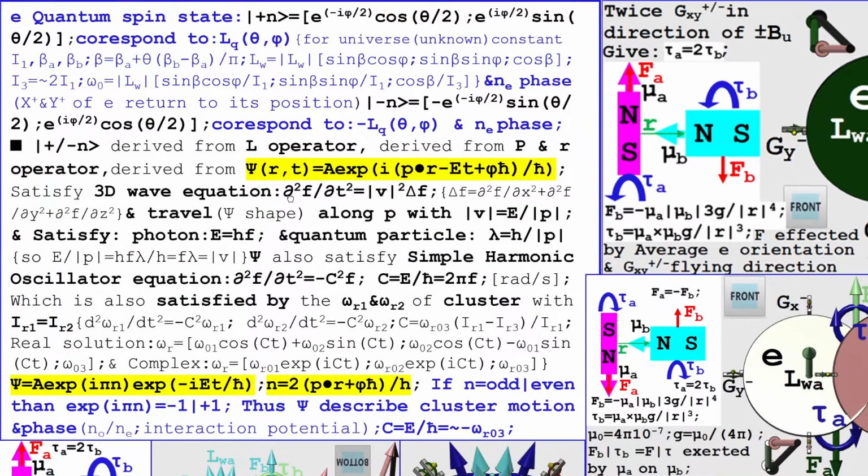This odd or even round will be referred to as phase. This more precise description is captured in the quantum spin state, because it is derived from a wave function, and any wave function satisfies the simple harmonic oscillator equation, which describes our cluster's angular velocity direction and phase.